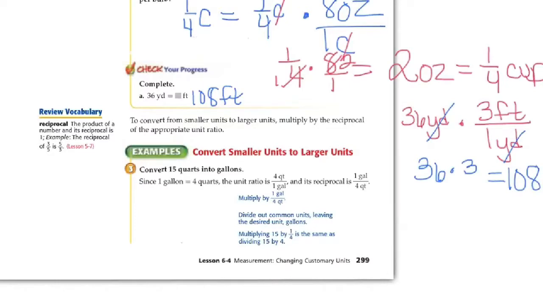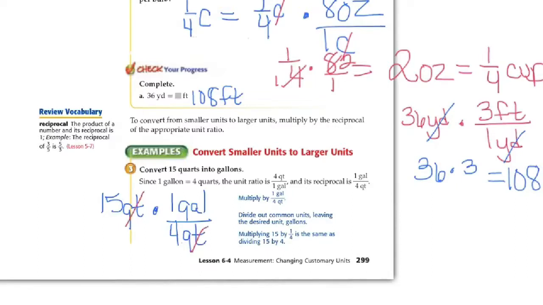So you would have 15 quarts times 1 gallon to 4 quarts. Now we can cross out those common units again, right?